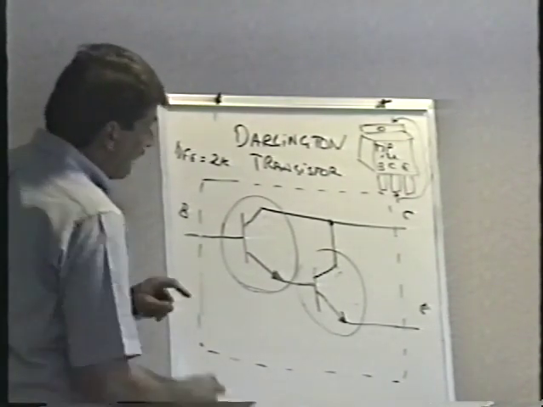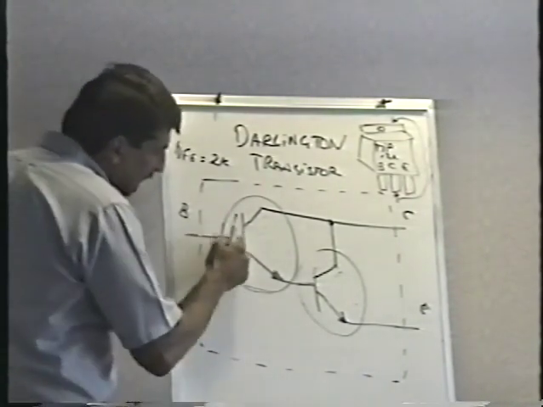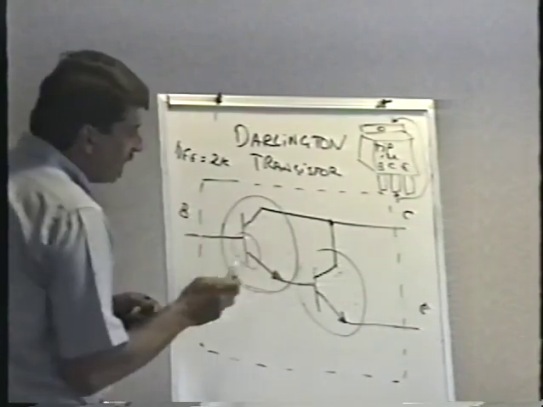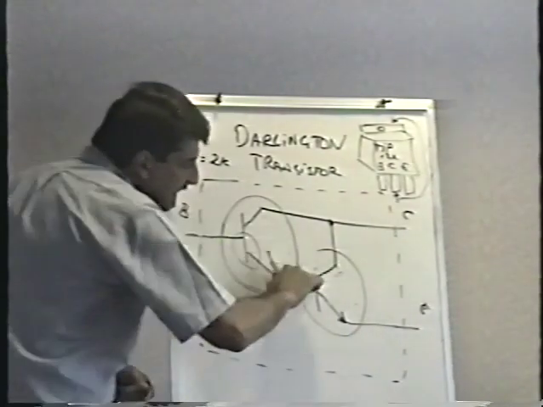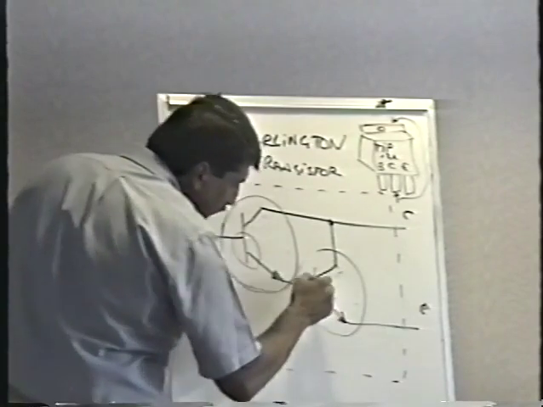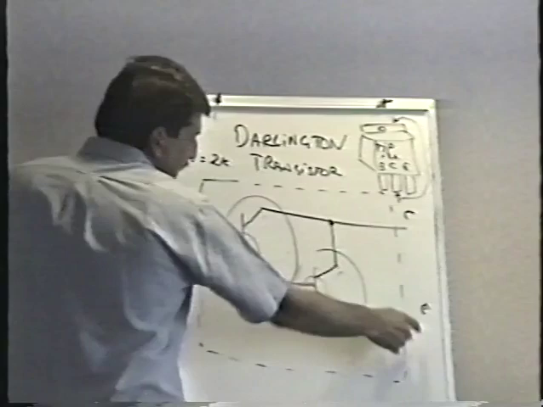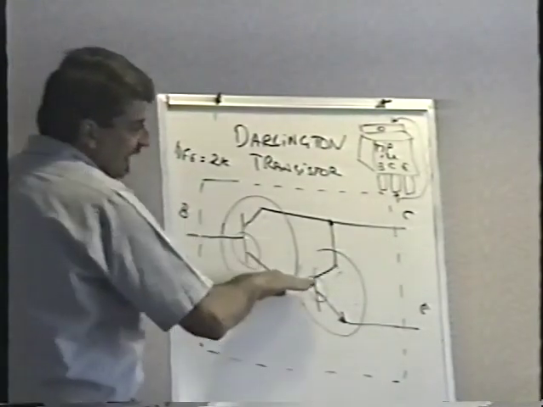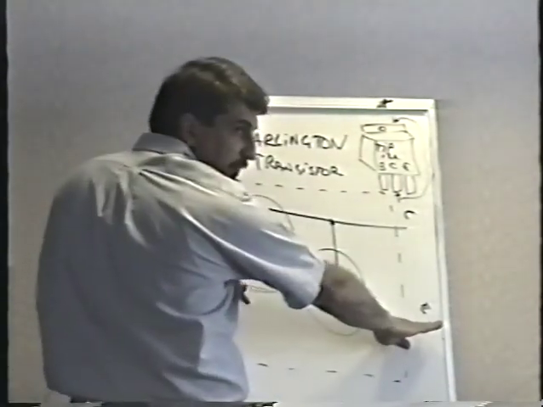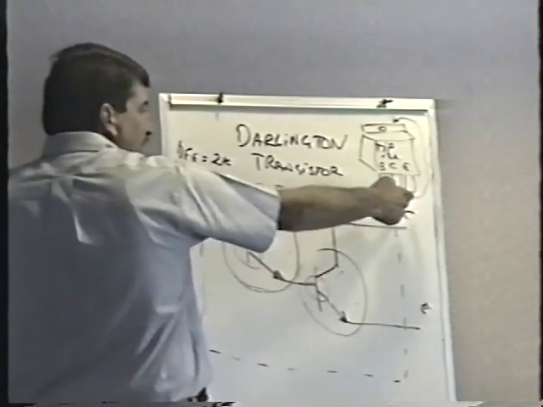The reason for that is that you have a PN junction here between the base and emitter, and it is in series with that base to emitter junction as well. In other words, when you're going from base to emitter, you're going through one PN junction in series with another, so that you get something somewhat higher than a normal junction drop.